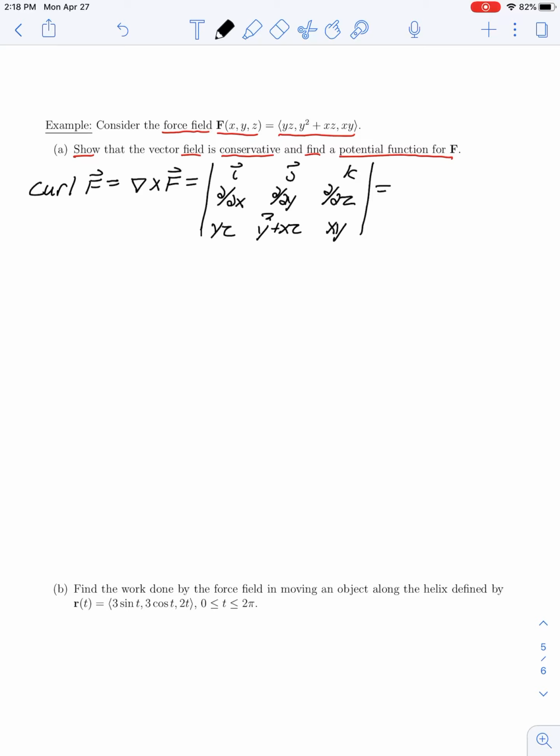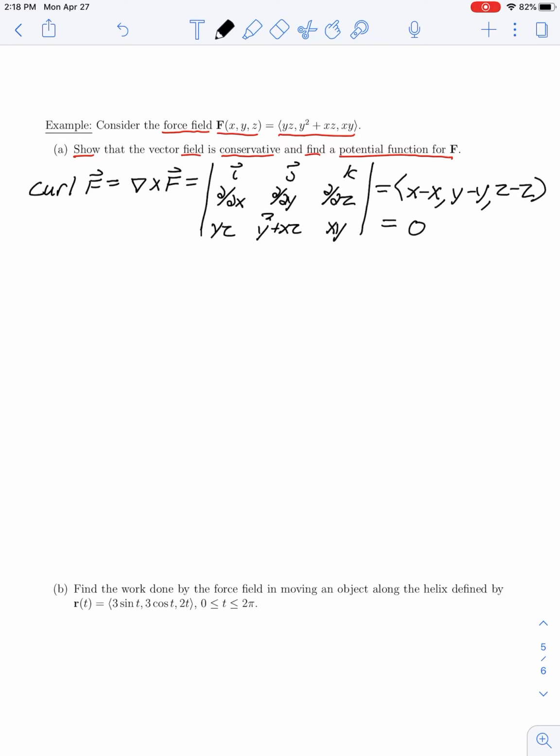So let's see what we get for this curl vector. Here, our i component would be given by x minus x. Our j component is y minus y, and our k component would be z minus z.